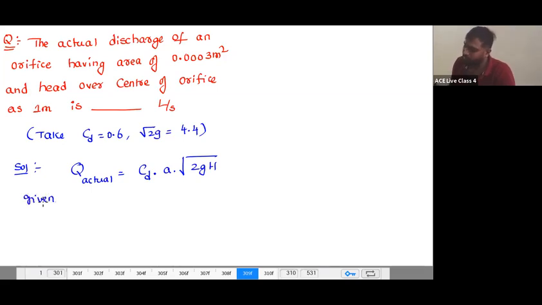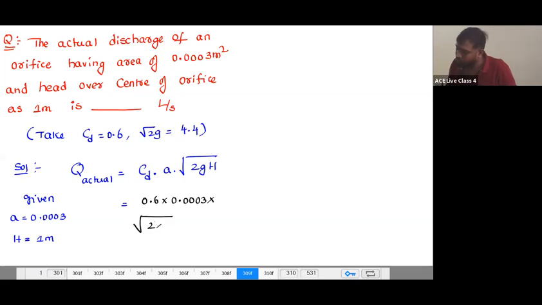Given area of the orifice 0.0003 and what is the H value? 1 meter. Now CD value 0.6 into 0.0003 into root of 2g. See, root 2g value is already given, right?